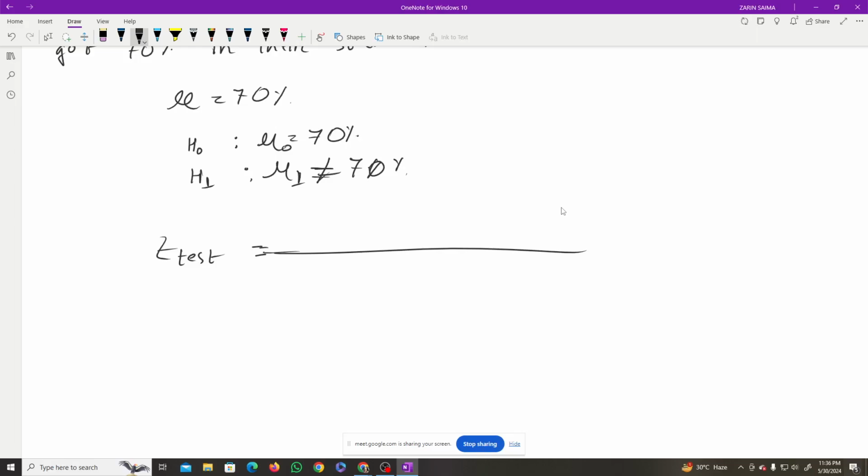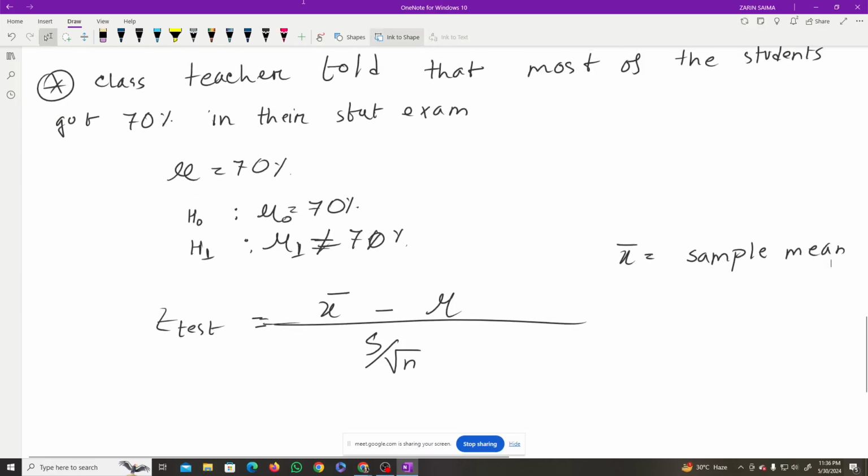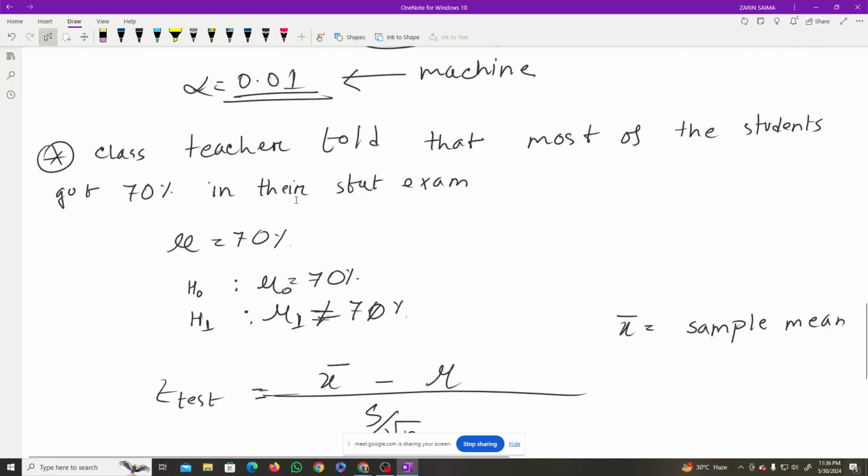And the formula is sample mean minus hypothesis mean by standard error. So in this case, this is your sample mean. And you know what is the sample in this case? You would pick some students and you will see if they got more than 70 or not.